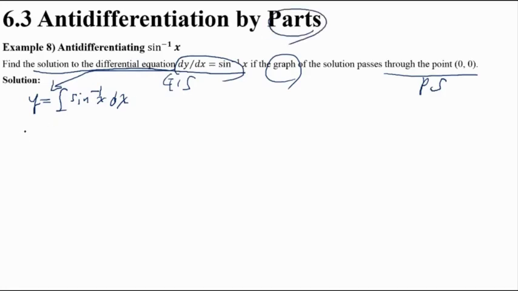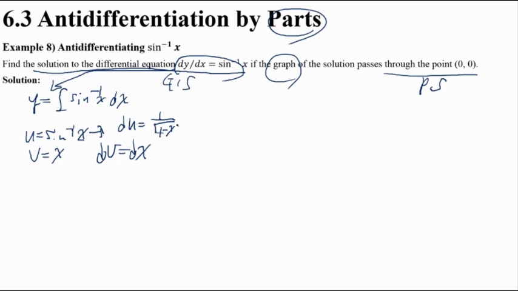So u will be inverse sine x, dv will be just dx. This is an easy one because v will be x. Do you remember the derivative of inverse sine x? You can look in the book. So du is 1 over square root of 1 minus x squared dx.